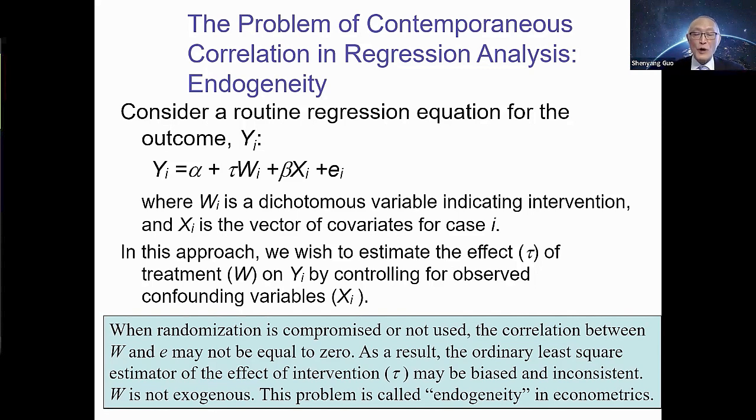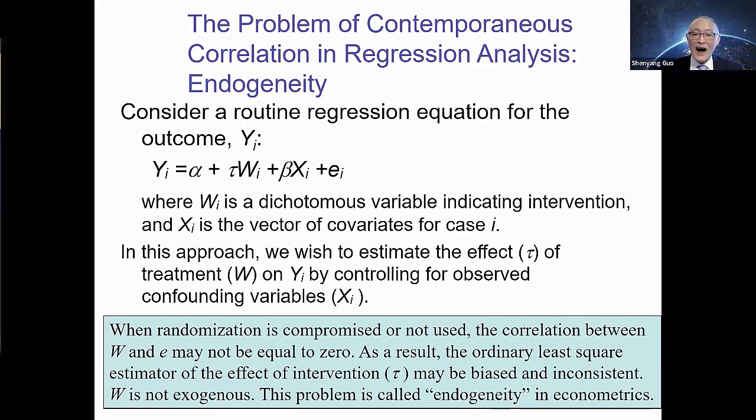Each time we add an independent variable or a control variable to the X vector, we remove the covariation between W and Y. Every time we add a variable, we remove that association a little bit.